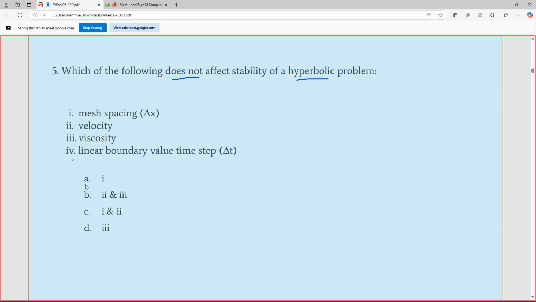Options are: option A, one only, first condition only. Option B, second and third condition. Option C, first and second condition. Option D, third condition only. So, which among the following conditions does not affect the stability of a hyperbolic problem? You can think and inbox your answers.